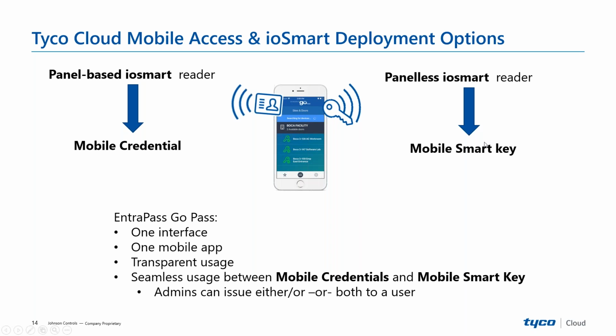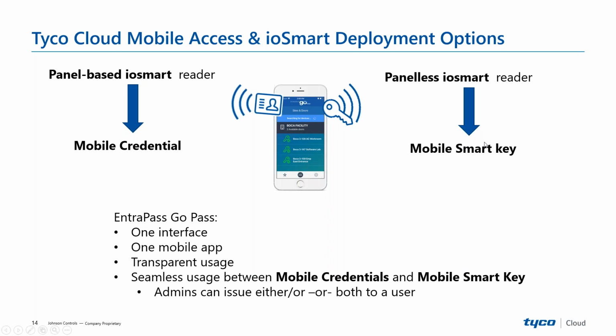An administrator on the Tyco Cloud can issue either mobile credentials or smart keys, or both. For example, if you don't need smart keys, you only need mobile credentials, so I'll give you mobile credentials and not give you smart keys because there's a different cost for each one. They're different buckets. You can buy a combined one, but you can also buy them separately.